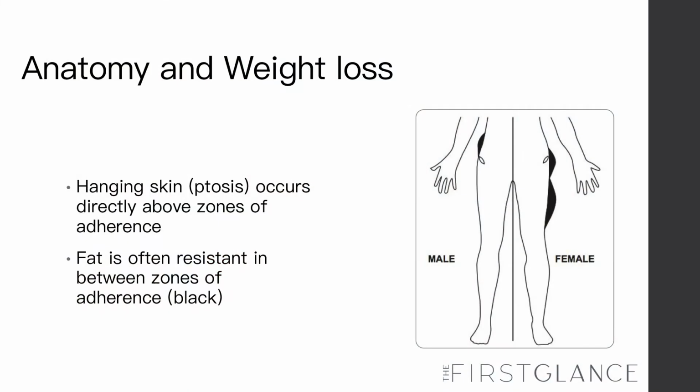So again, why do we see physical characteristics in certain areas? And why do we sometimes see differences in males versus females? And this again goes back to those adherent zones. So you can imagine that an adherent zone is an anatomical area where the skin is really tethered down to the underlying muscle to a greater degree than the surrounding skin.